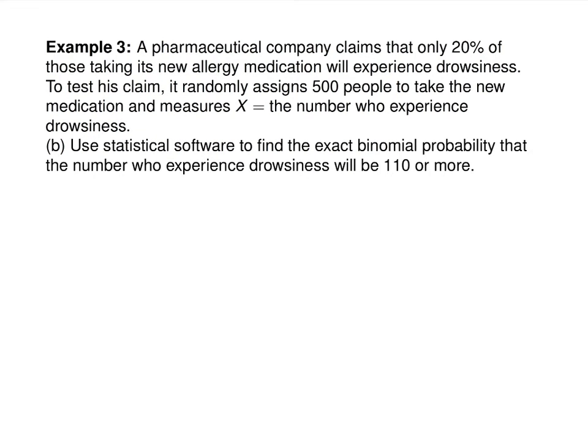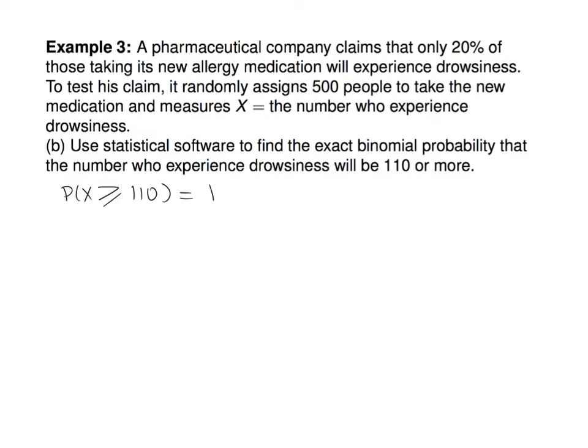Use statistical software to find the exact probability that the number who experience drowsiness will be 110 or more. So what's the chance that their sample is going to have 110 people or more being drowsy? So it's the probability x is bigger than or equal to 110. Well, we have to use complementing here.